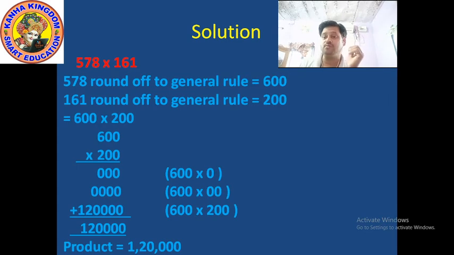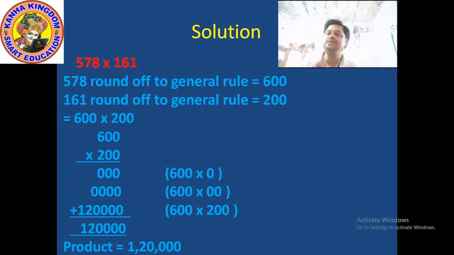Here it is also 0, but you have to multiply by 20. Now when 20 multiplies the ones digit of the upper number, which is 0, 0 multiplied by 0 becomes 0.